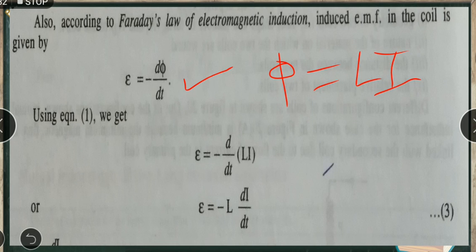E is equal to minus of d by dt of LI. You know that L is a constant term. The only variable is current, that is I. It can be written as E is equal to minus L dI by dt. It's the expression of the induced EMF in case of a self-inductor.